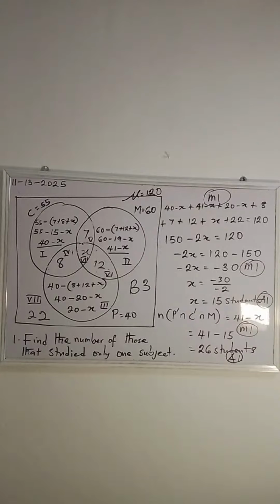Anike, we have 26. I have another answer here. Adebayo, that's 30 students. Omolara, I can see 5 students. Are you sure? 5 students. Okay. So I can see another 26 by Balogun Femi.